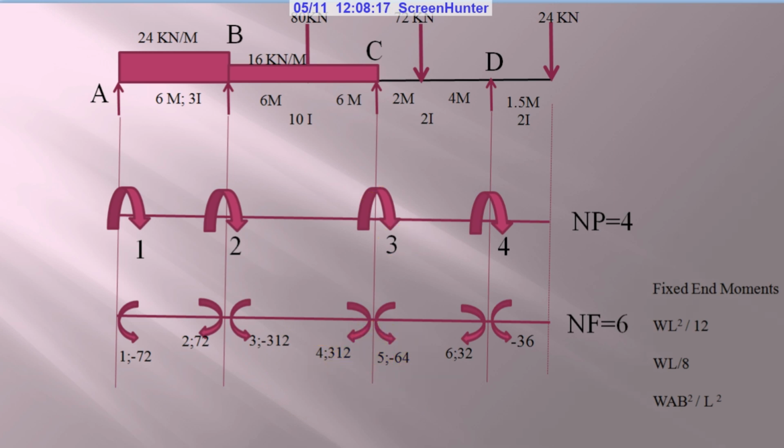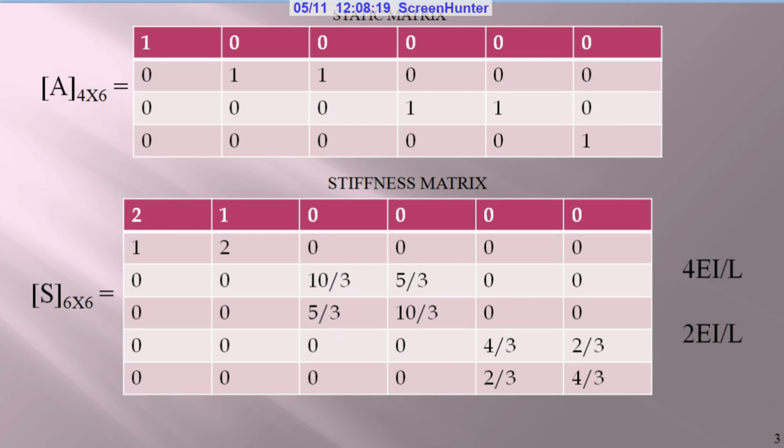Now see here at the row number 3, columns 1, 2, 3, 4 and 5. So fourth column and fifth column, which resembles the fixed end moments, right? So at rotation 3, I have written here 1, 1 in fourth and fifth column. Rest all the elements in this row are 0.